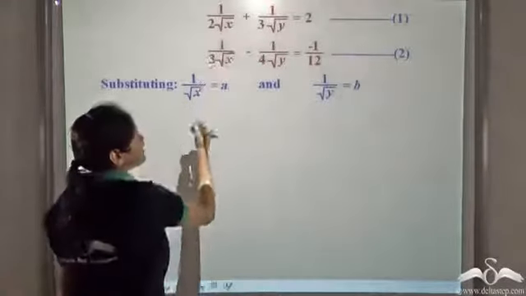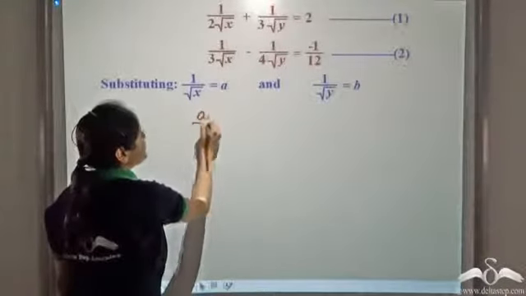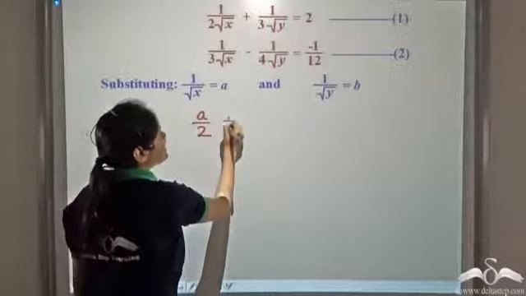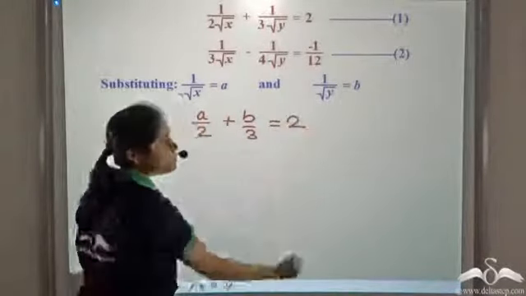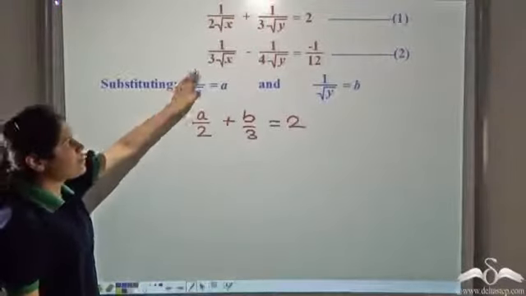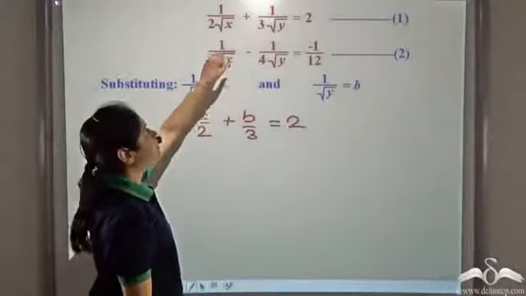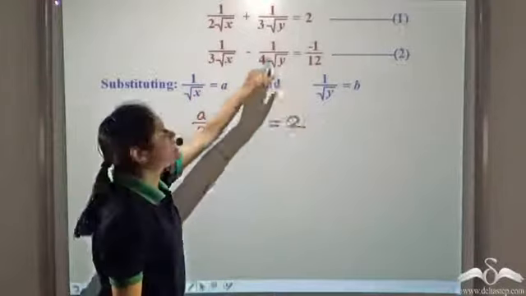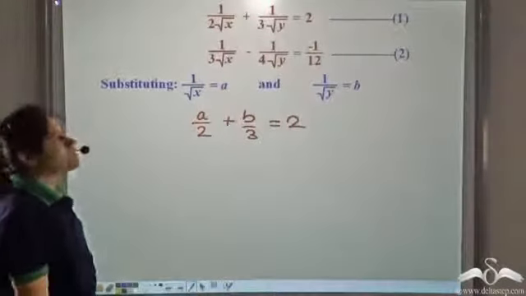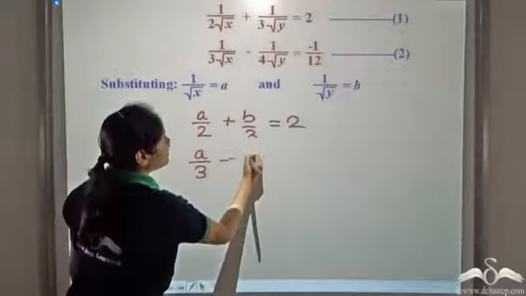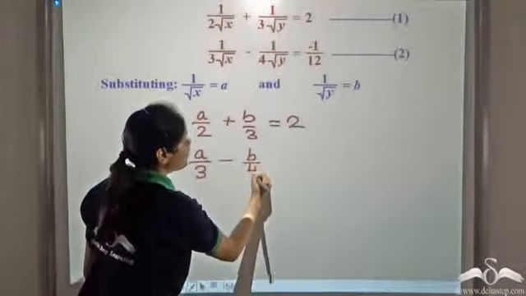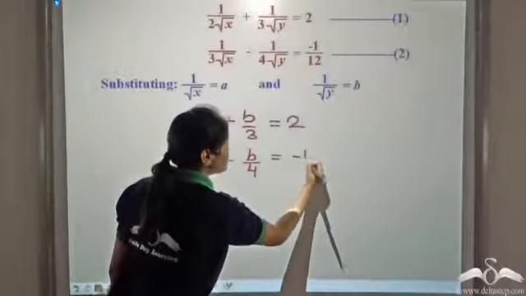So the first equation becomes a by 2 plus b by 3 is equal to 2, because 1 by root x is written as a and 1 by root y is written as b. The second equation becomes a by 3 minus b by 4 is equal to negative 1 by 12.